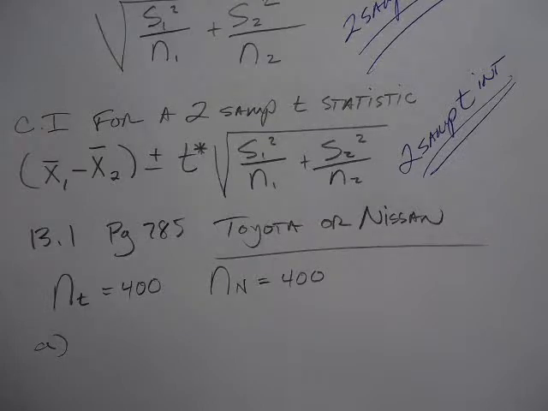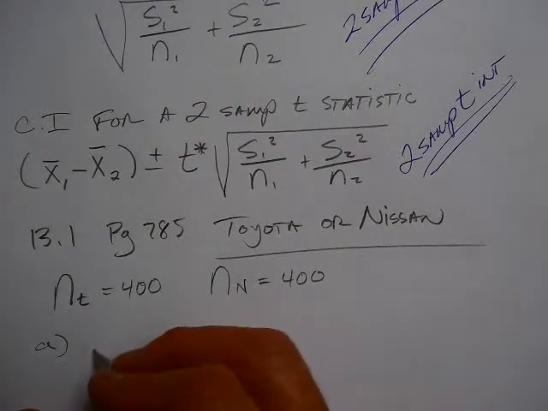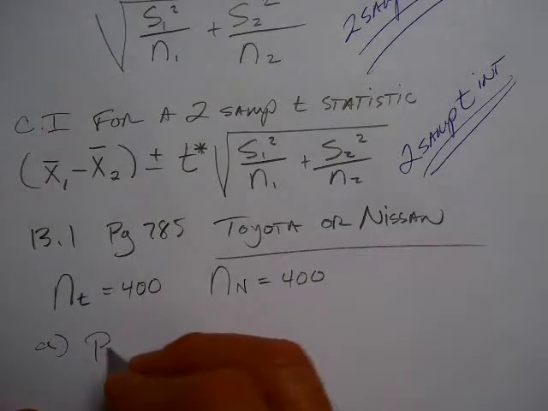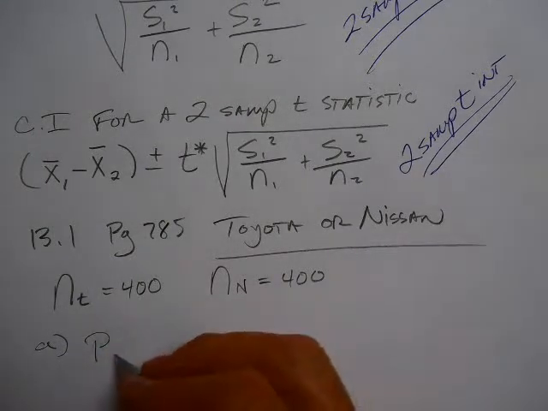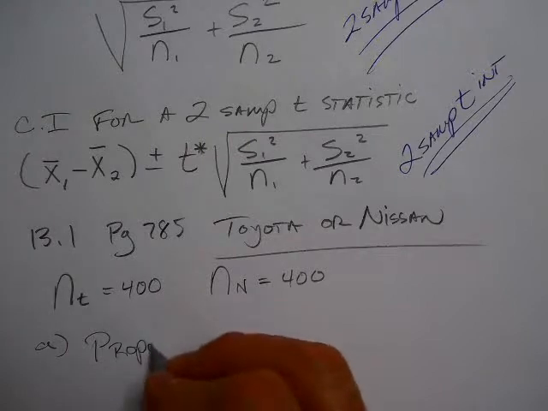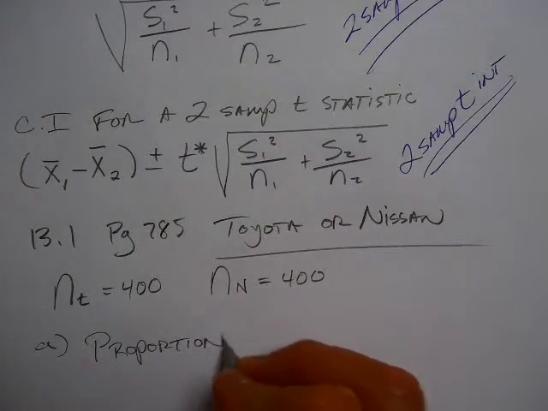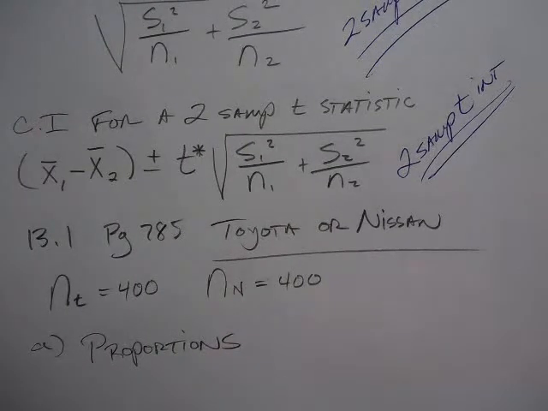Are you satisfied or are you not satisfied? Is that going to give us, yeah, that's going to be proportions, right? Some number out of 400 Toyota owners are satisfied with their vehicle, and some number out of the Nissan vehicles are going to be satisfied. So this is proportions, which we haven't learned how to deal with yet.